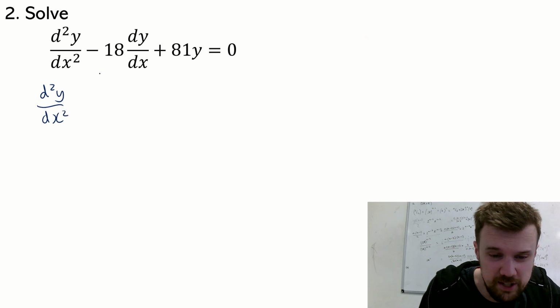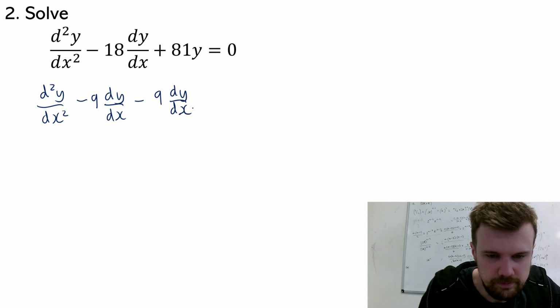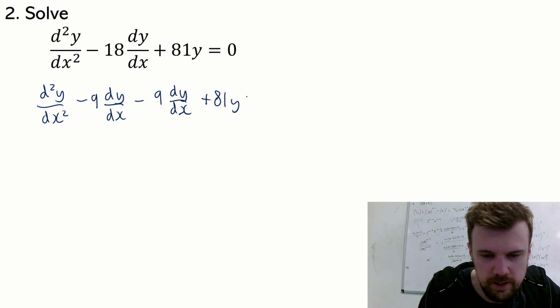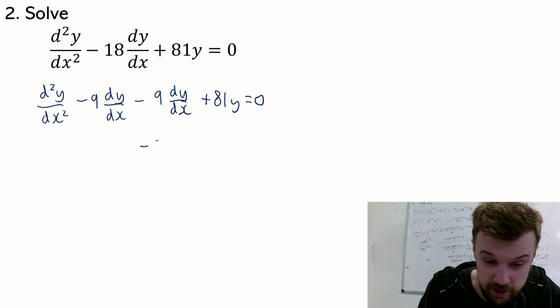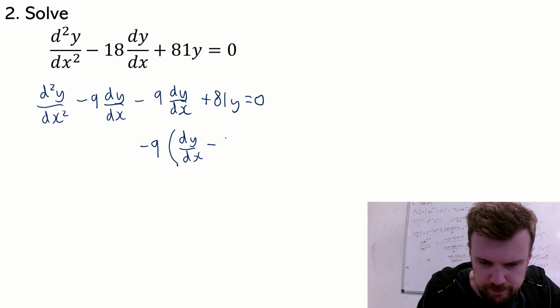no choice. It's repeated roots, minus 9 and minus 9. So minus 9 dy dx, minus 9 dy dx, plus 81y equals 0. And then we can factorize minus 9 out of the third and fourth terms.